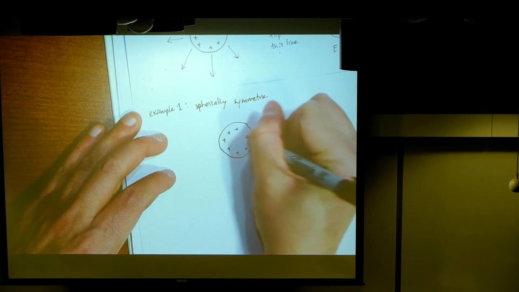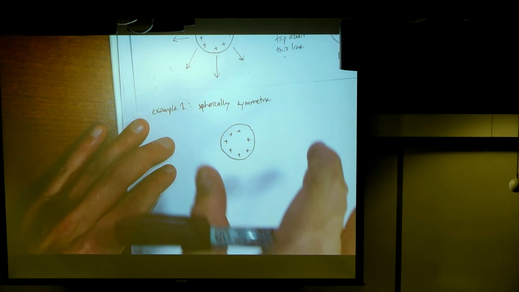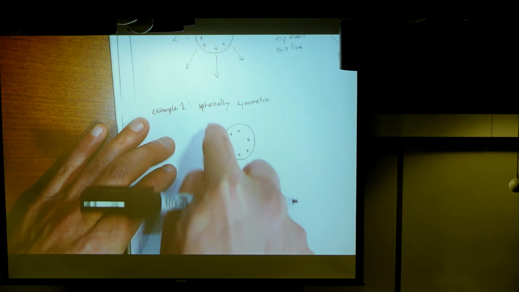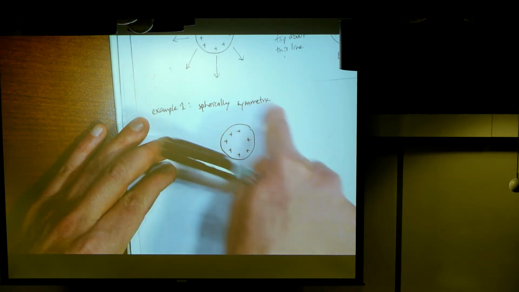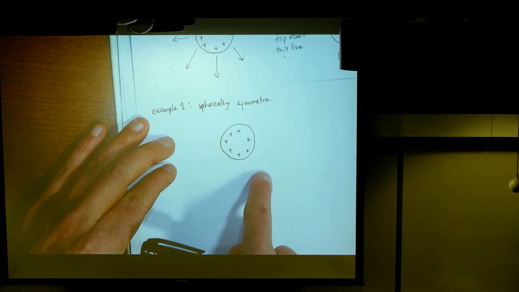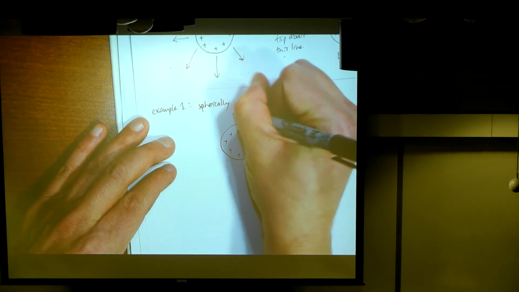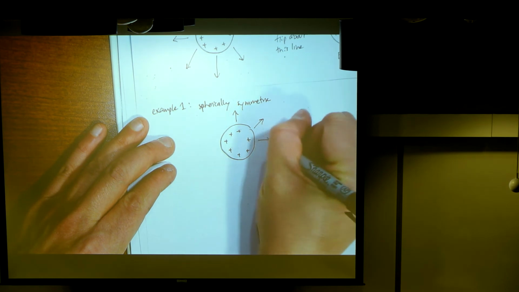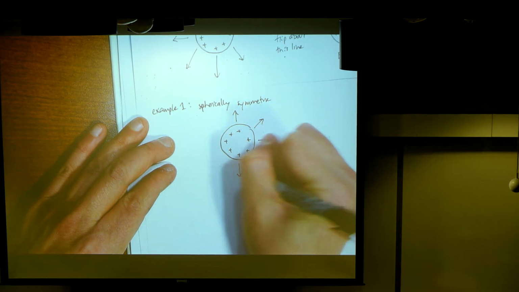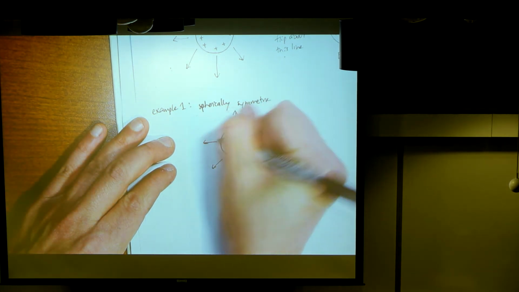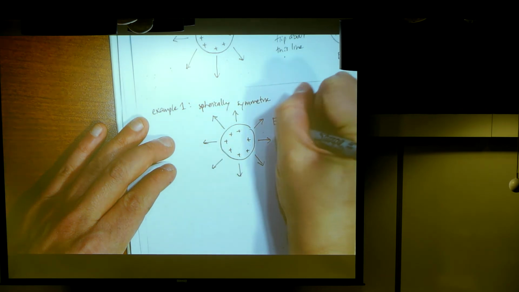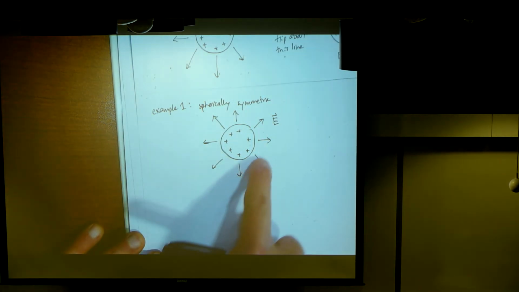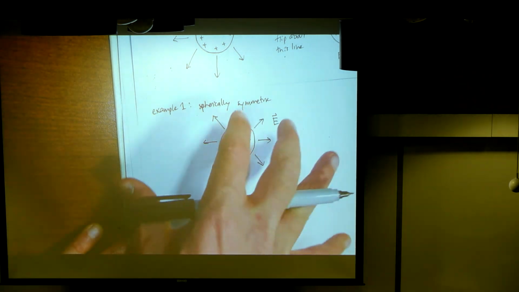That means when we draw the E field, it also should be spherically symmetric. If we're looking at the E field outside of the sphere, because it's a positively charged sphere, the E field lines will be going out in all directions. So it's very useful that we know the E field has this general shape to it.